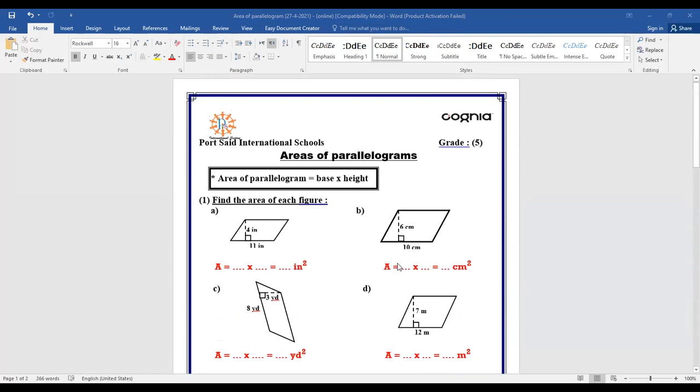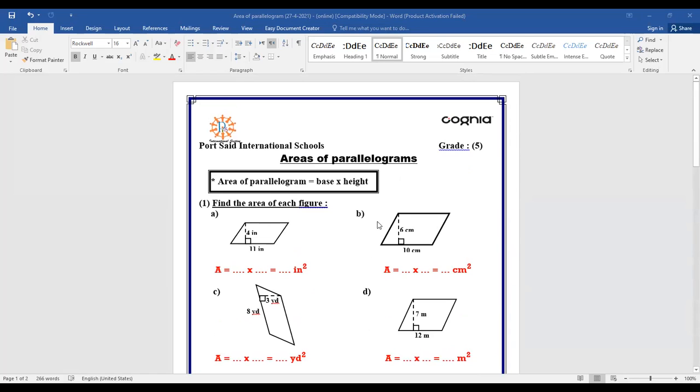The sheet is clear يا جماعة؟ Yes, Mr. Yes. Okay يا حبيبي.